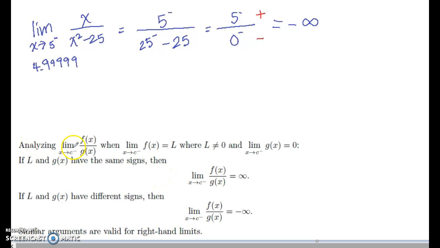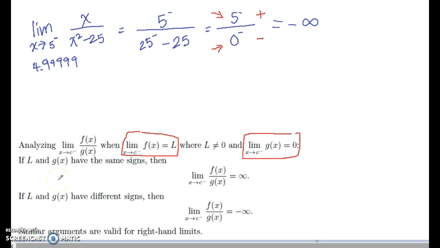When we're analyzing a limit as x approaches c from the left, f of x over g of x, where the function on the top approaches a fixed number that is non-zero, and the function in the bottom is approaching 0, which is our situation here, the top is a fixed number and the bottom is 0.